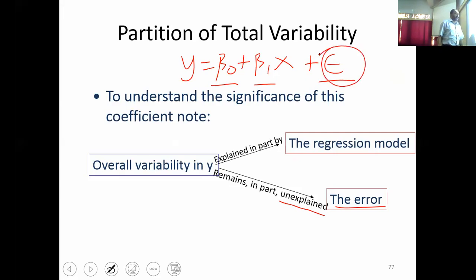This error term is a kind of deviation which we cannot explain.